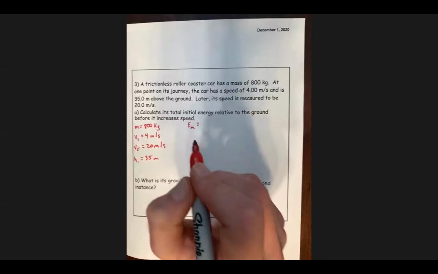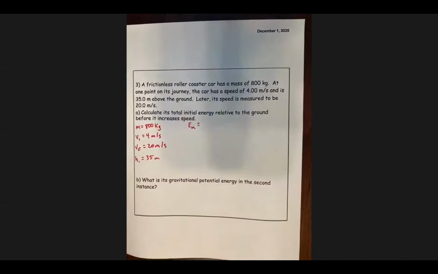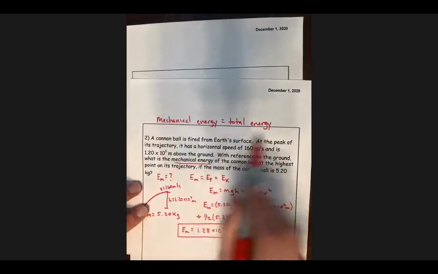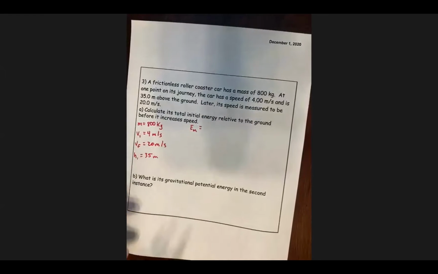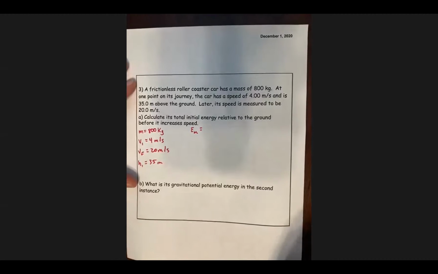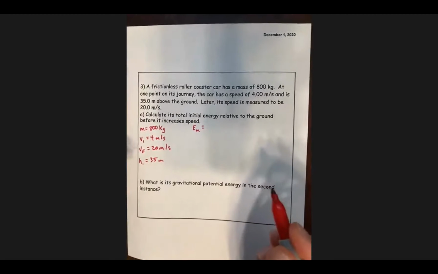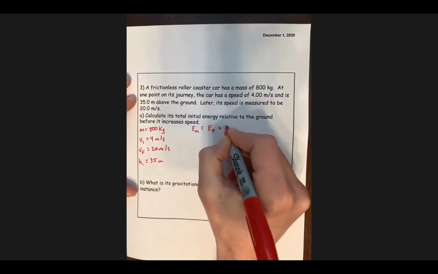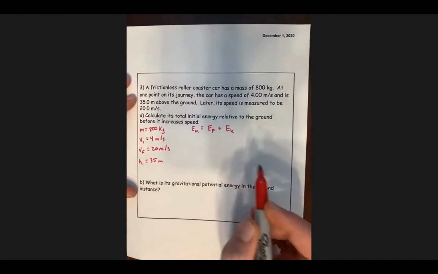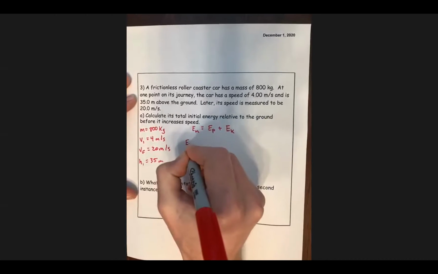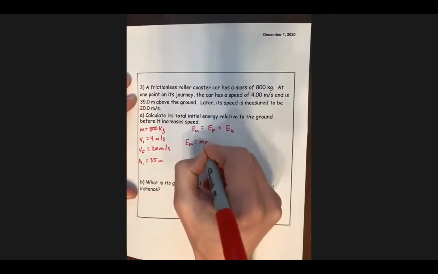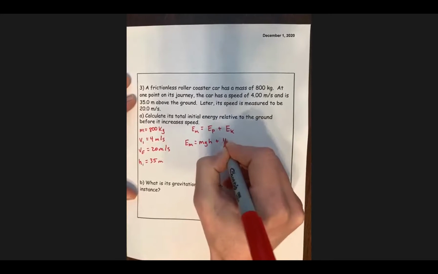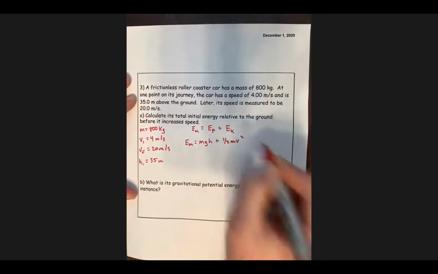And as we said last question, mechanical energy is equal to total energy. Those are kind of just synonyms for one another. So mechanical energy is equal to the potential energy plus the kinetic energy. So mechanical energy is equal to mgh plus 1 over 2 mv squared.